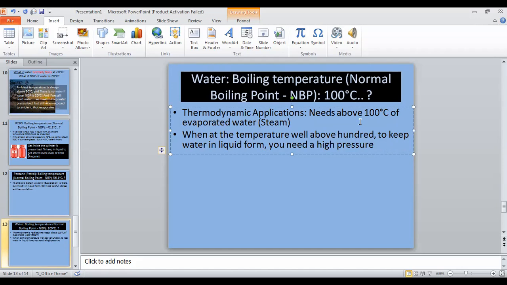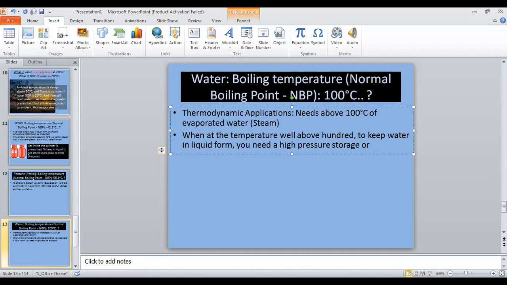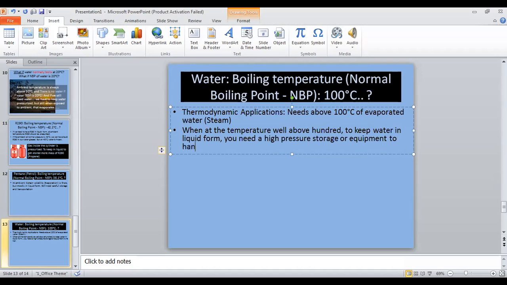You need high pressure storage or equipment to handle water, because above 100 at normal pressures it's evaporating.